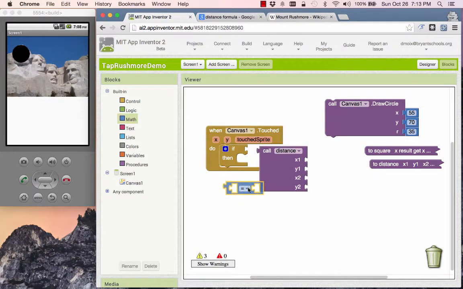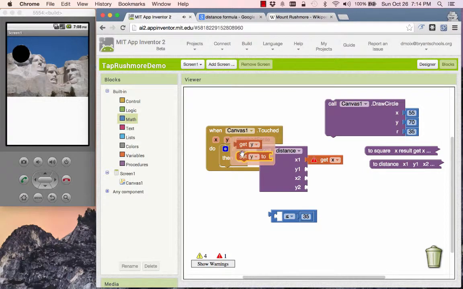It's under math. Less than or equal to, and we need 35, because that's the radius of that circle. And the distance from the center of the circle, and the center, well, the distance from the touch to the center of the circle, which is 55, 70.